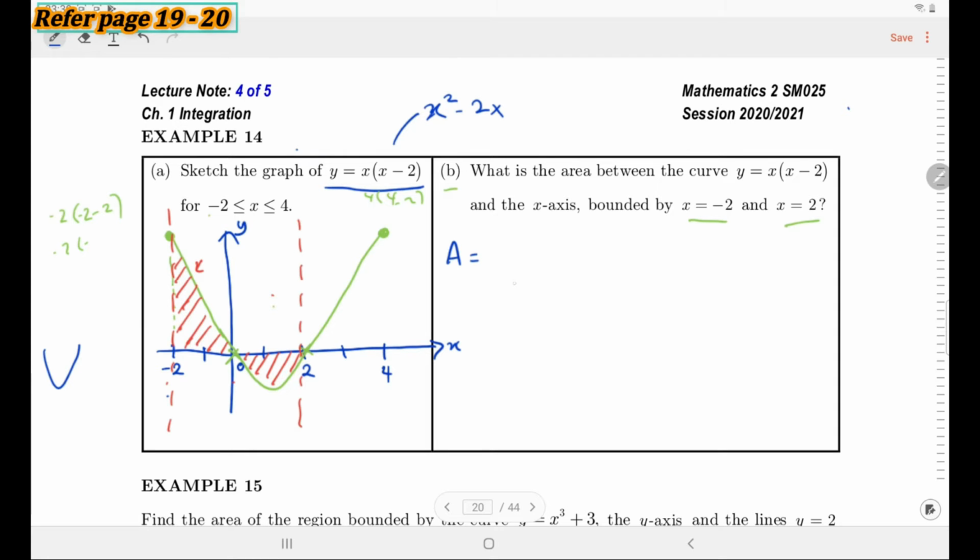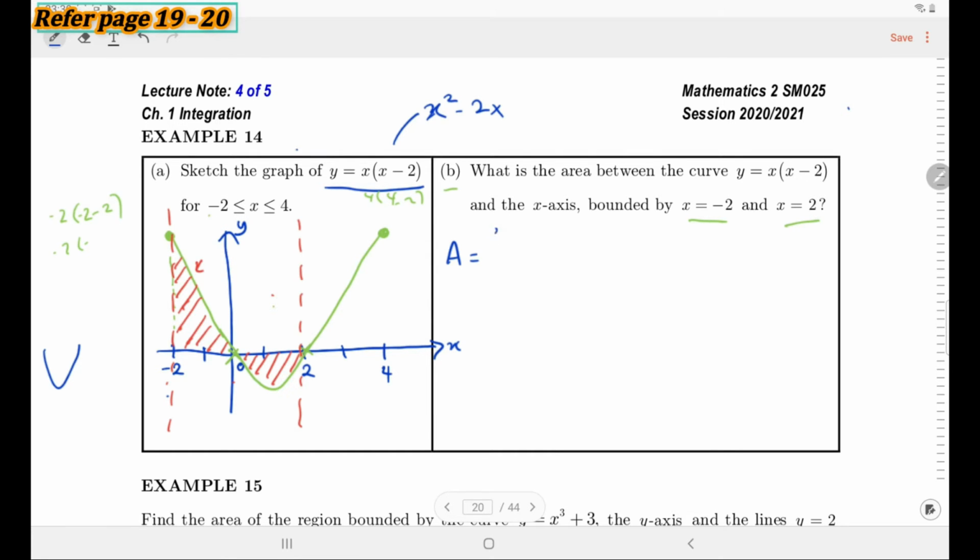Since we look at the region bounded here, the first part from negative 2 to 0 is a positive area because it is above the x-axis, while from 0 to 2 it is below the x-axis, so the area would be negative, so we just put modulus later.